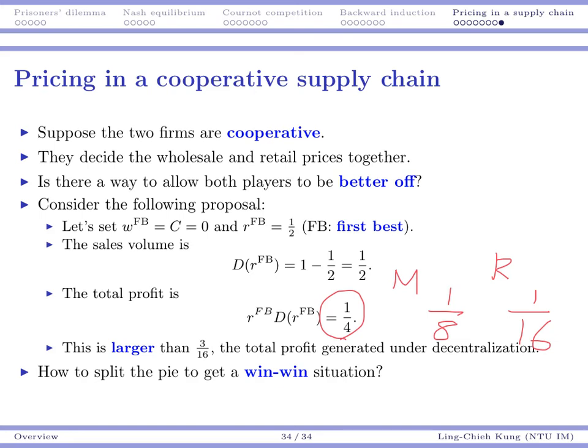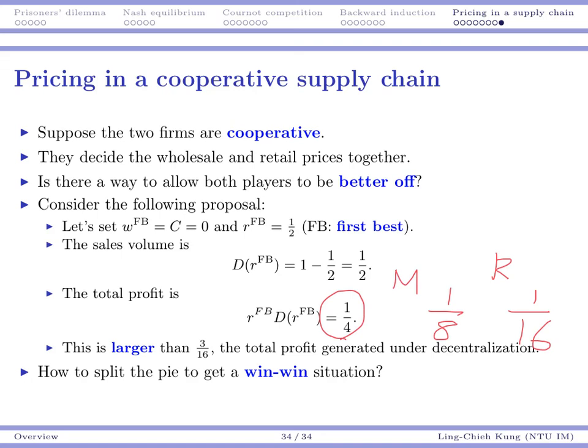I can split that equally between them, or use whatever method. So it's very easy to find a way to coordinate these two companies and split the pie to result in a win-win situation.